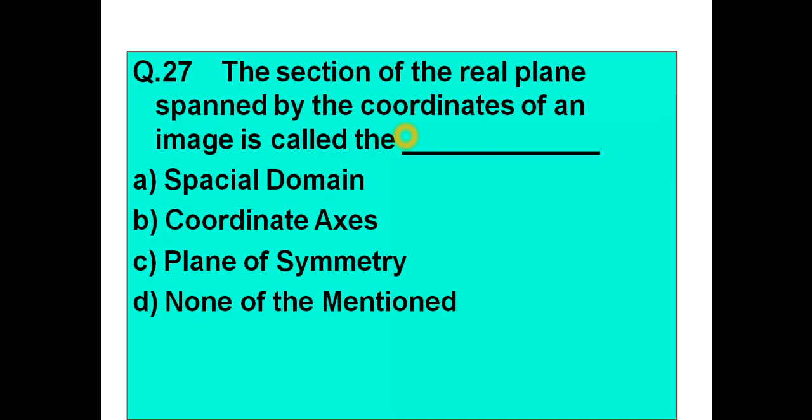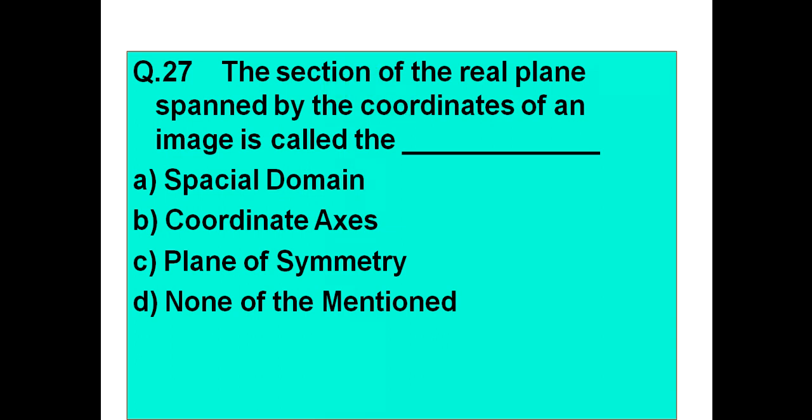Now, the next question is: the section of the real plane spanned by the coordinates of an image is called the, fill in the blank. Option A, spatial domain. Option B, coordinate axis. Option C, plane of symmetry. Option D, none of the mentioned. You already know that I have repeated this many times.